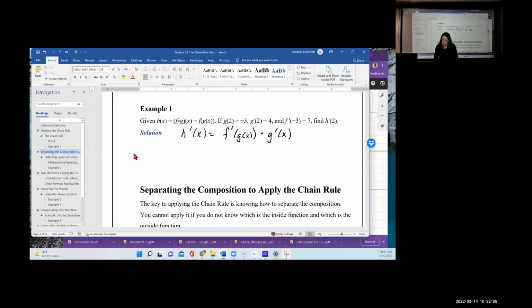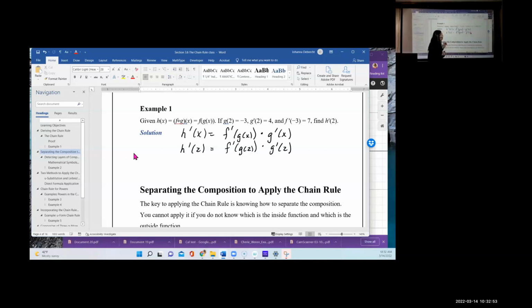So if I want to know what h prime of 2 is, I'm looking for f prime of g of 2 times g prime of 2.